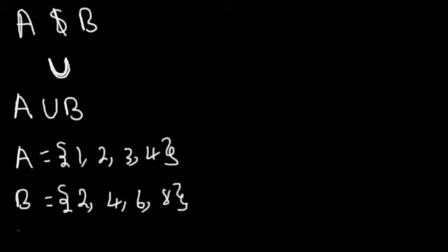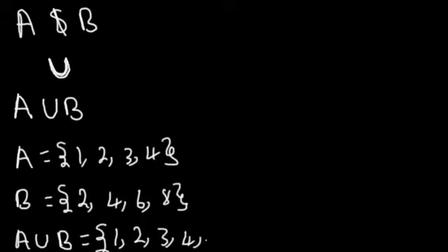Now what will A union B be? Since A union B is a set that consists of elements either in set A or in set B, it will consist of elements in set A and set B. So that's 1, 2, 3, 4, 6, 8.